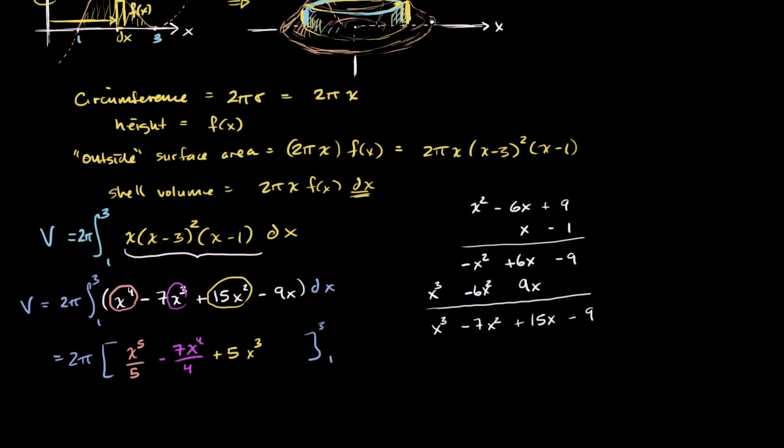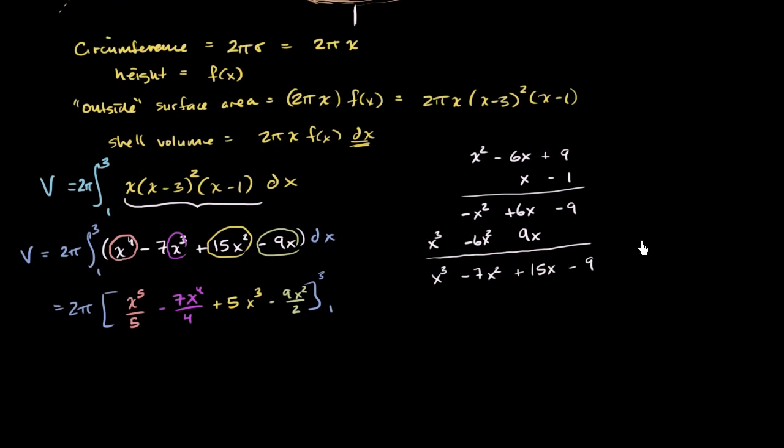And then finally, the antiderivative of negative 9x is negative 9x squared over 2. And you can verify that if you take the derivative of this, you get this business right over here. And so this is going to be equal to 2 pi times all of this evaluated.